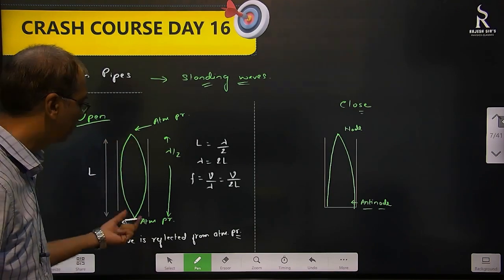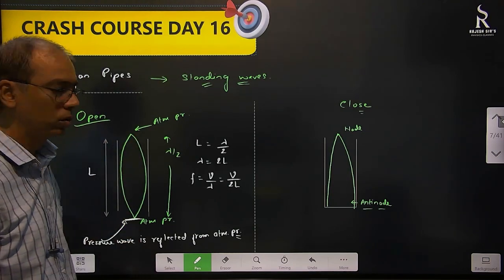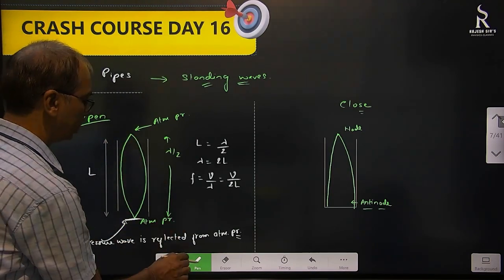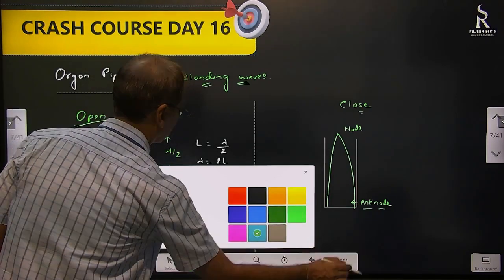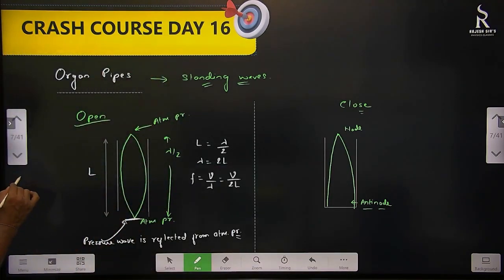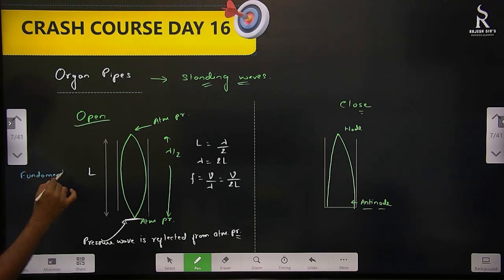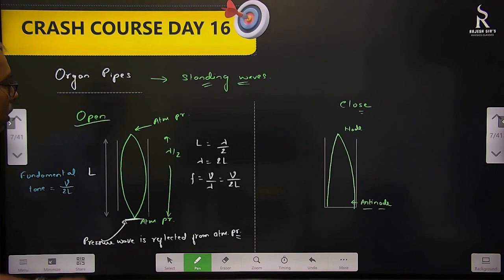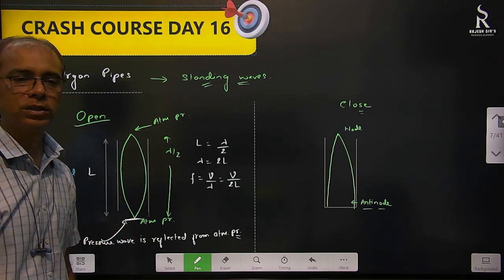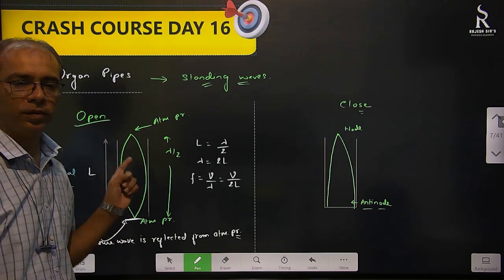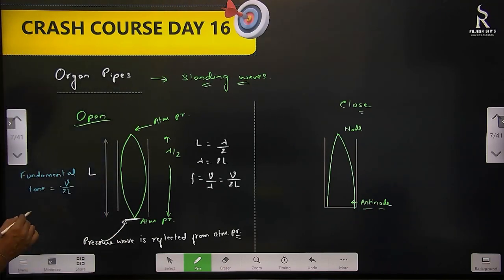Because this is the minimum number of loops possible. So we are writing here, this is the fundamental tone, V by 2L. And this is also called the first harmonic. One loop, first harmonic. Fundamental tone or first harmonic.